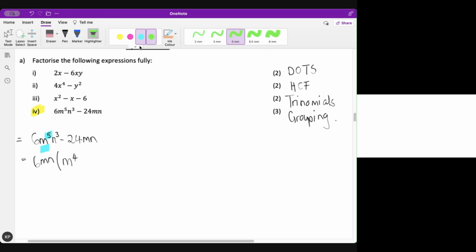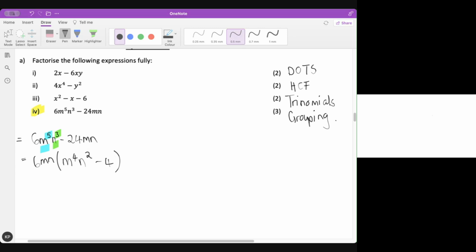And the N's, I had 3. I've taken out 1, so I now have 2 left. Wonderful. Minus 24. I have taken out 6 from 24. So what's left? It is a 4. Beautiful. You guys are very good at factorizing, it seems. And I've taken out the m and the n, so there are no variables left there.